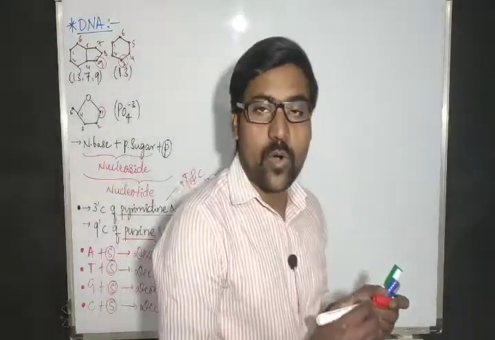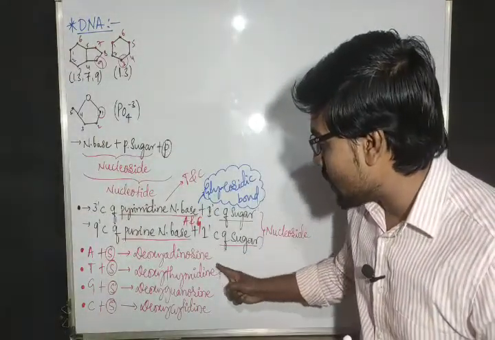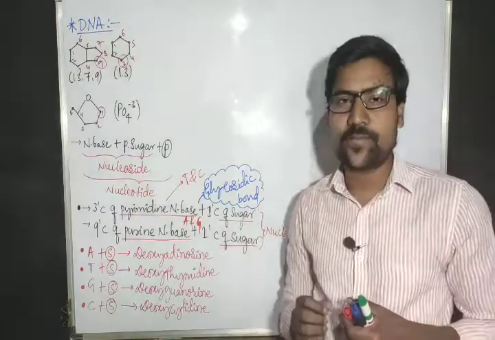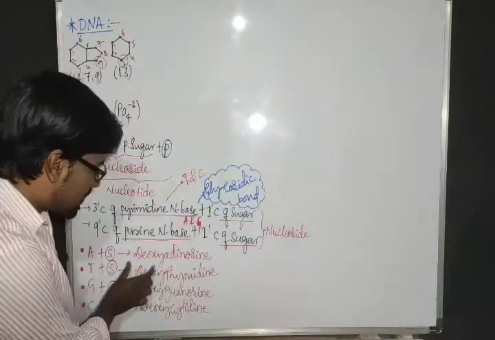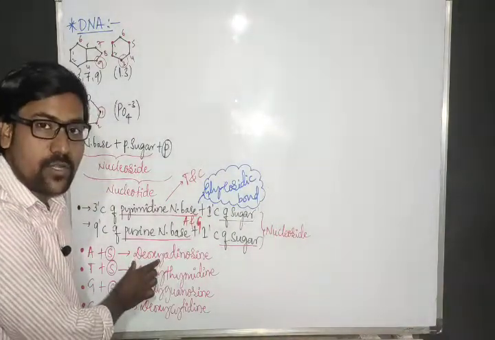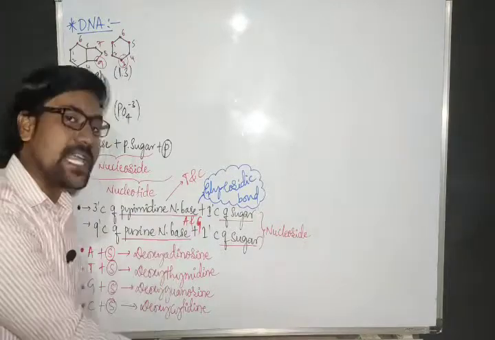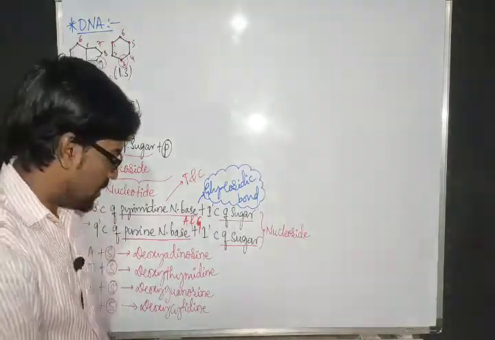Okay. So what are all these? Four types of nucleosides. Here deoxy stands for the sugar name. Adenine means nitrogen base. Adenosine means nucleoside.